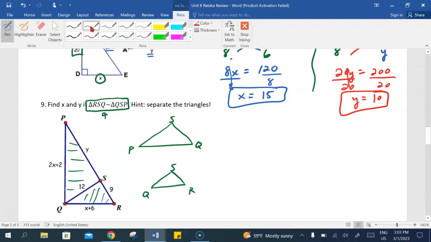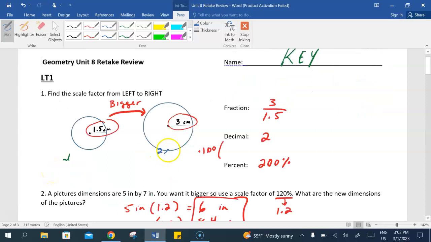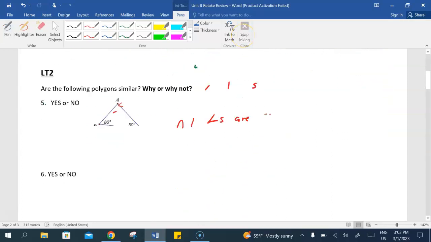Okay, so I separated my two triangles and I labeled everything. Now that I labeled everything, I can go back to the similarity statement and match up whatever sides go with what. So PQ, the 2x plus 2, is right here.